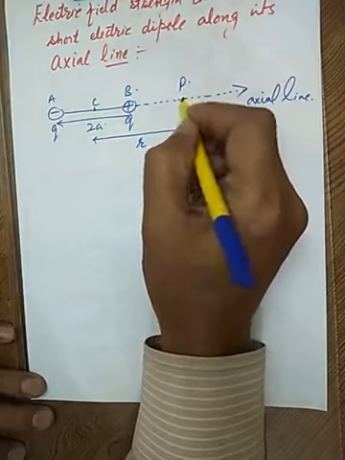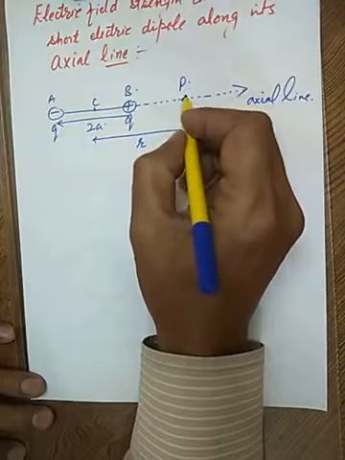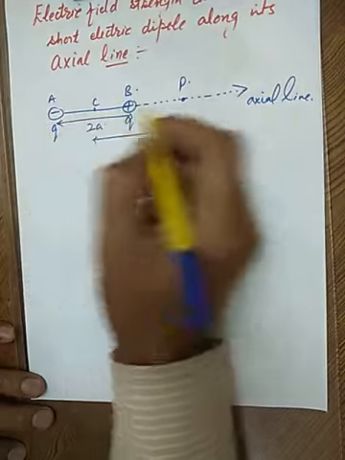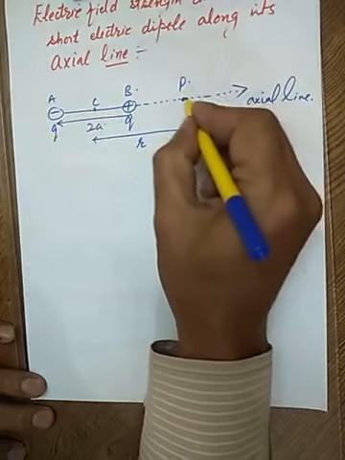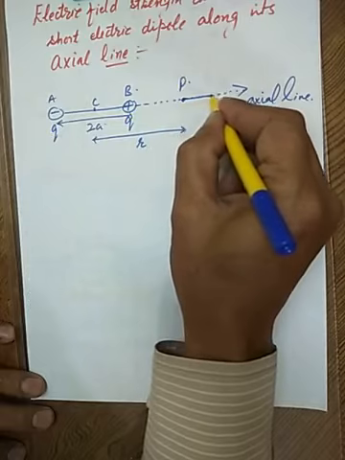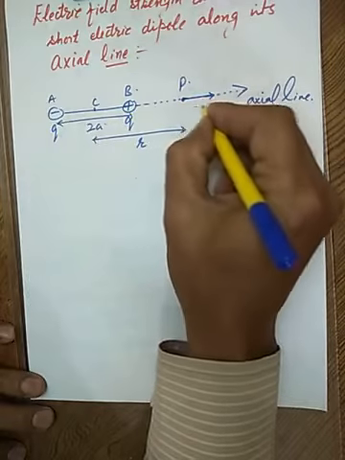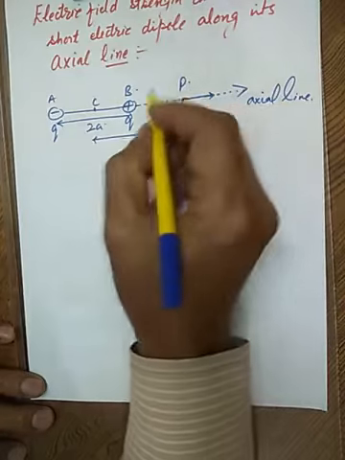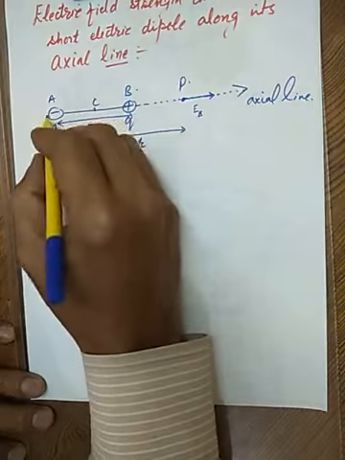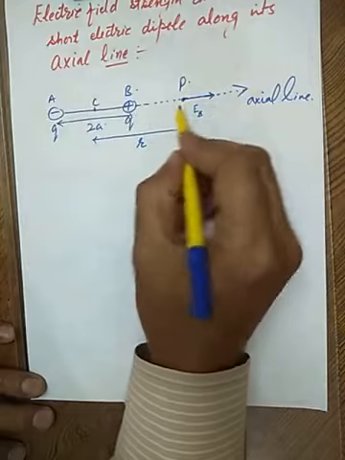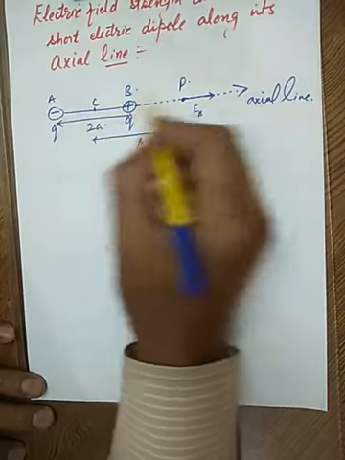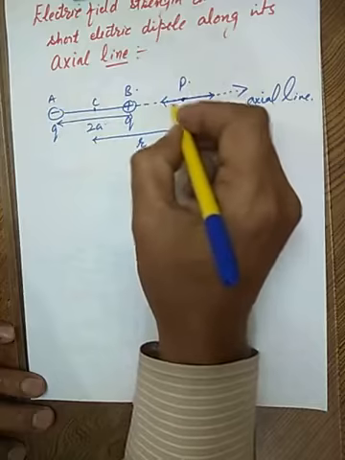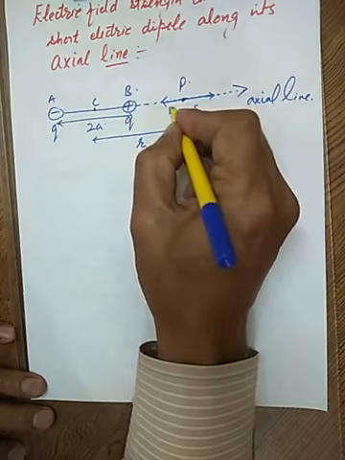We can find the electric field strength by using the electric field due to the plus and minus q charges. At this point P, the electric field due to the positive charge, which I designate EB, is directed radially outwards, and the electric field due to the negative charge is directed toward the negative charge. That is EA.